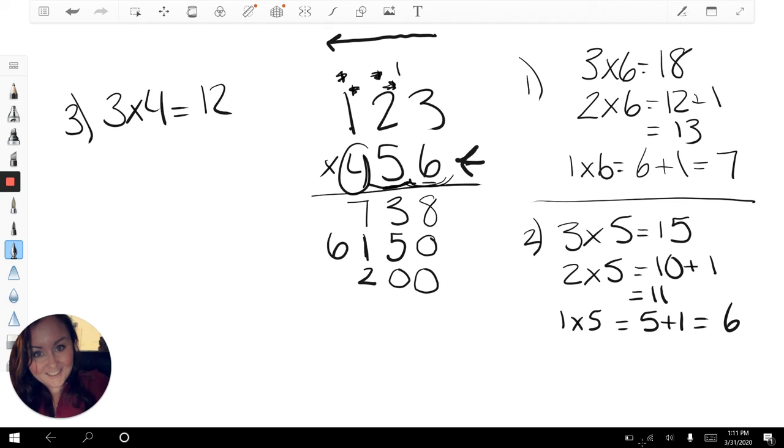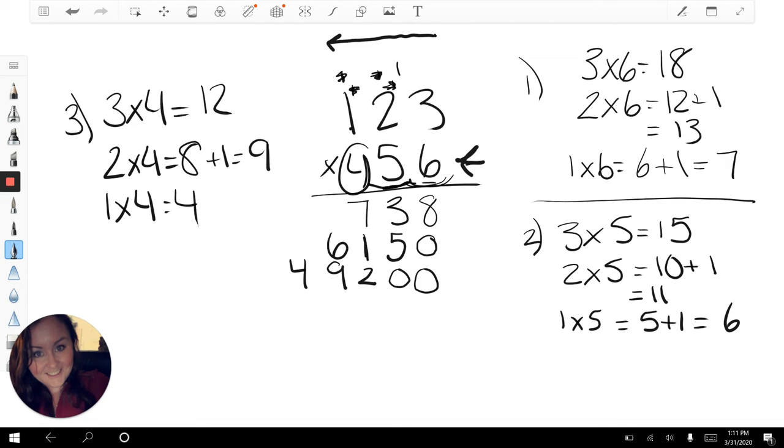So then we have 2 times 4, which is equal to 8, plus the 1 that we carried over, which is equal to 9. Good. And then lastly, we have 1 times 4, and because we didn't carry over, we just have 4. So then we have the 4, and that's it for multiplication, so now we're going to add them all up.